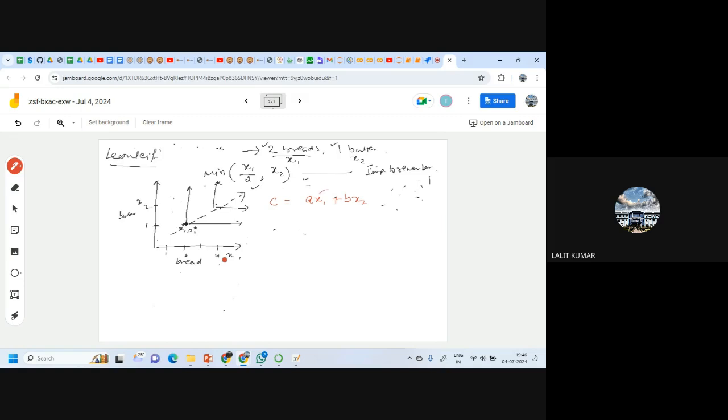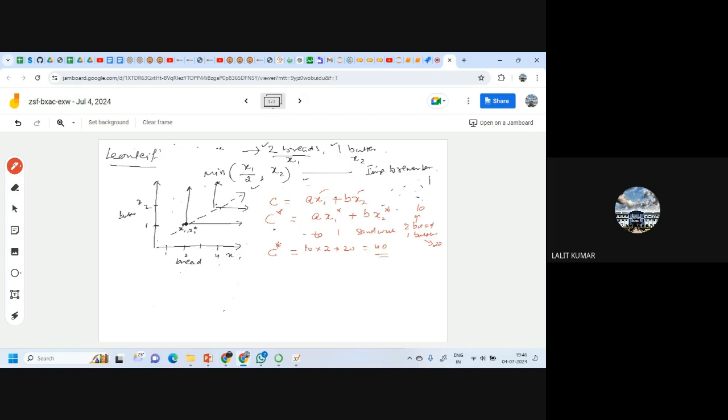What is the cost of x1? What is the cost of x2? And optimum cost will always be the optimum amount of x1 and optimum amount of x2. Like to make one sandwich, I will use only two breads and one butter. So if bread is coming for 10 rupees, butter is coming 2 rupees, then optimum cost will be 10 into 2 plus 20 is equal to 40.